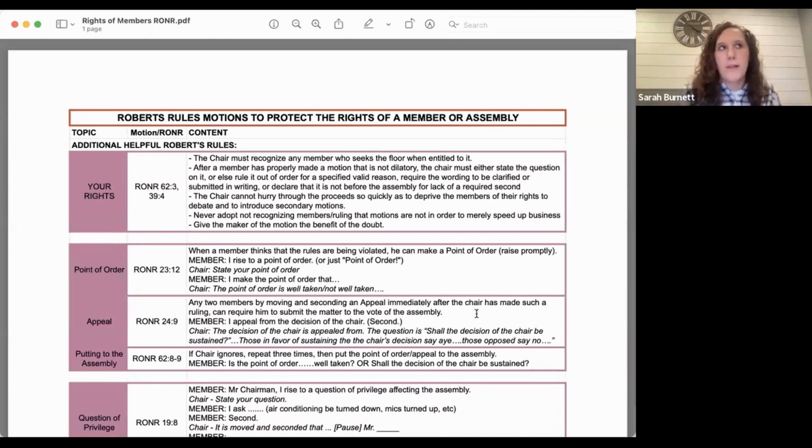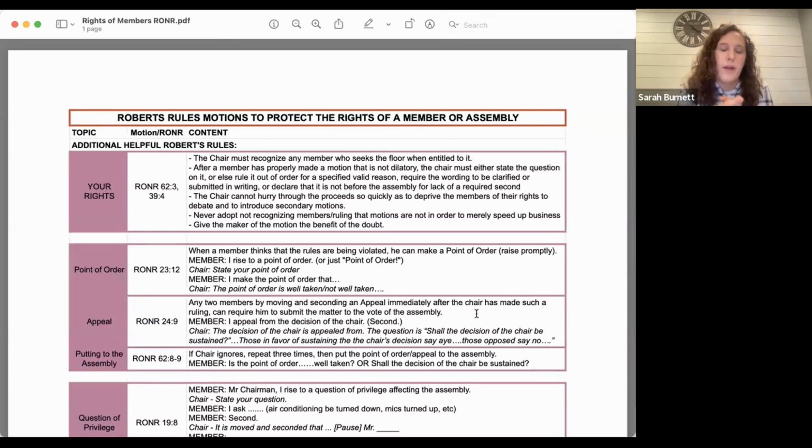Most of the other complex scenarios don't actually happen in the meetings themselves. They happen with how the meeting time is set, who calls the meeting, who's allowed to attend the meeting, if the meeting is recorded, if stuff is displayed, like all of these questions, which you get an opportunity to study beforehand. So I'm going to show you guys, if you basically know this sheet that I'm showing you right now, you'll be able to deal with most things.